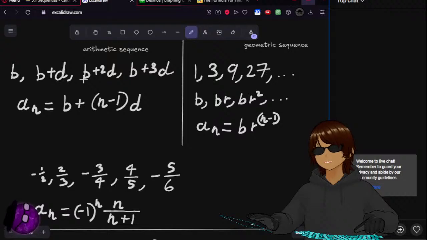For the arithmetic sequence, it's not going to make sense because it's always going to add and add and add, and it won't reach a limit. It'll just keep going to infinity. For a geometric sequence, if r is below 1, then the terms are going to get smaller and smaller and smaller.